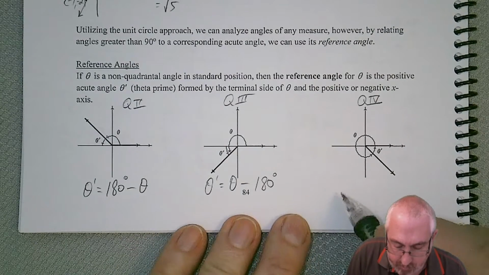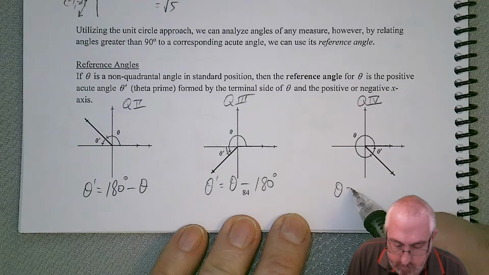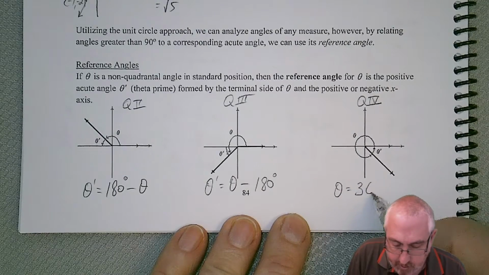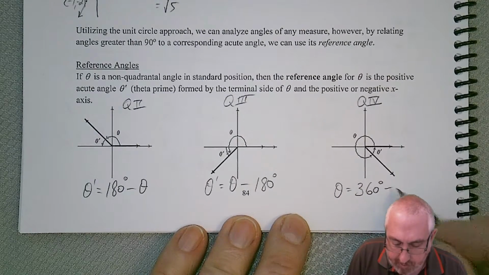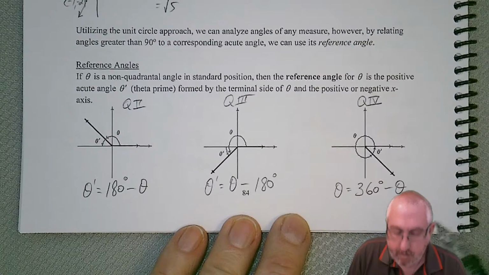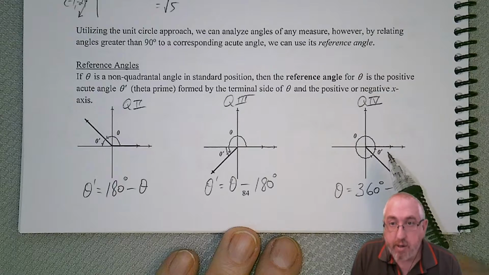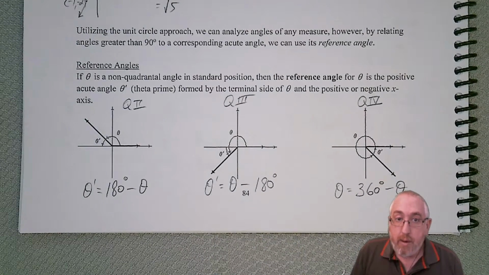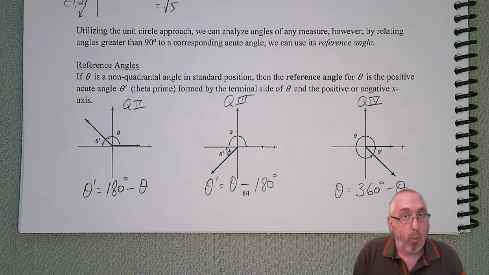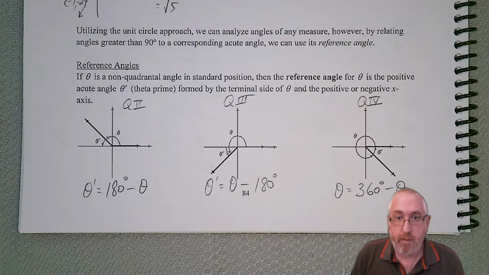So the trick to this one is going to be to use 360. If we subtract theta from that, that will give us this theta prime, this little angle here. So now we have this reference angle that we can find. Hopefully we can use that to our advantage when we're finding our trigonometric functions.